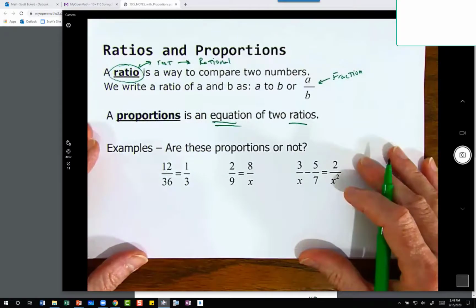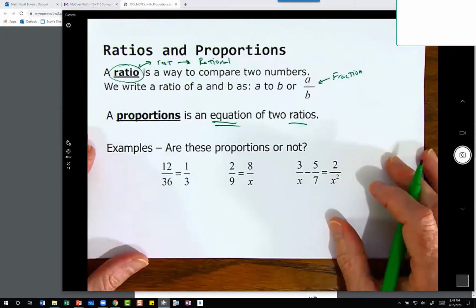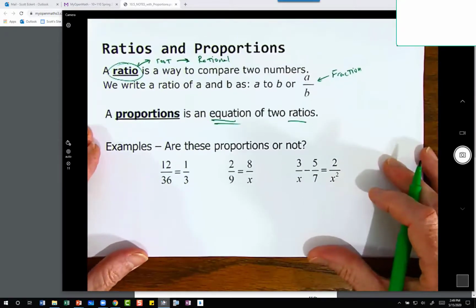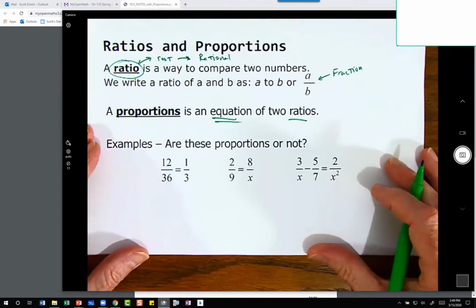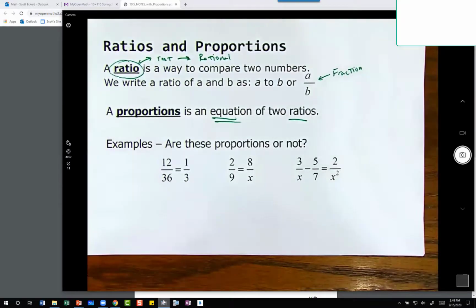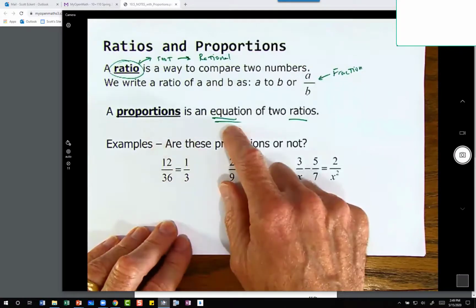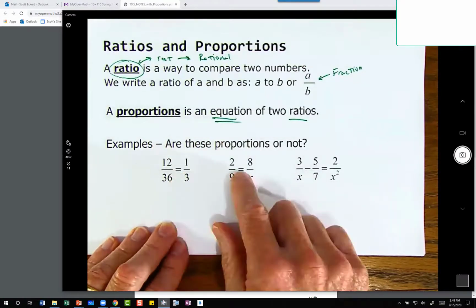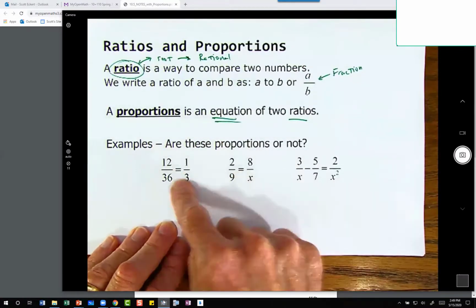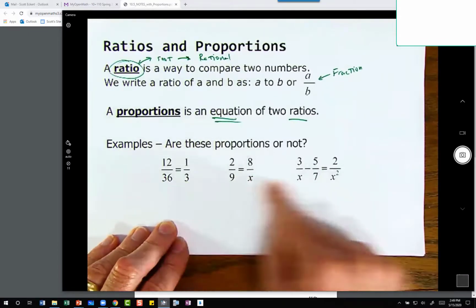So I have 3 examples down at the bottom. Are all 3 examples proportions? Okay, a proportion is an equation. Well, this is an equation, an equation, an equation. They're all equations.